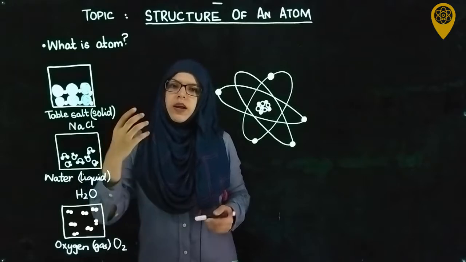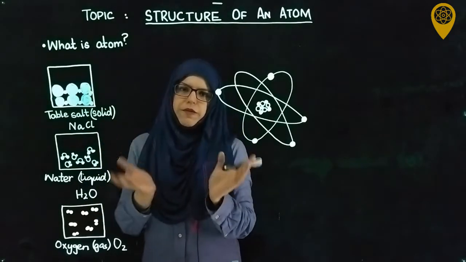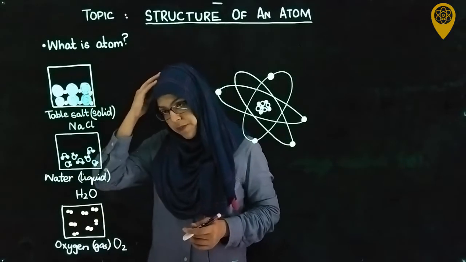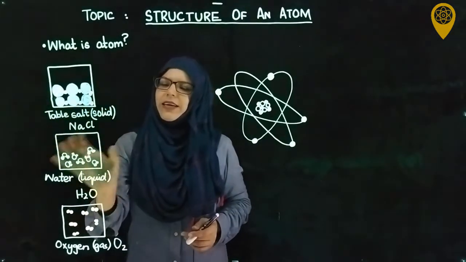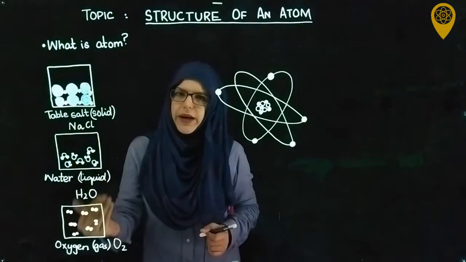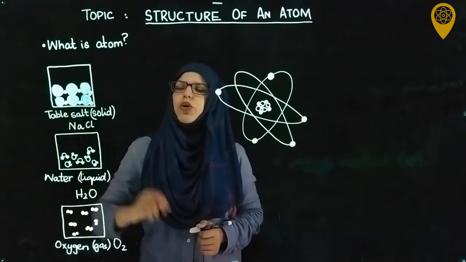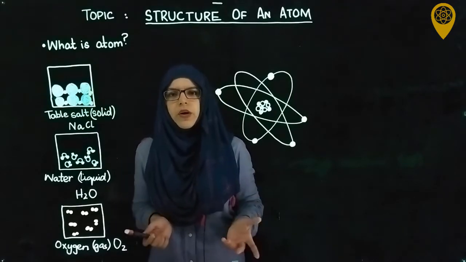Now look at the view of some of the examples that we are having and look at it as a closer view. तो यहाँ पे हमारे पास तीन तरह की examples given है, in solid, liquid as well as in gas. For solids we are having the example of sodium chloride, that is table salt जो नमक हम खाते हैं regularly.